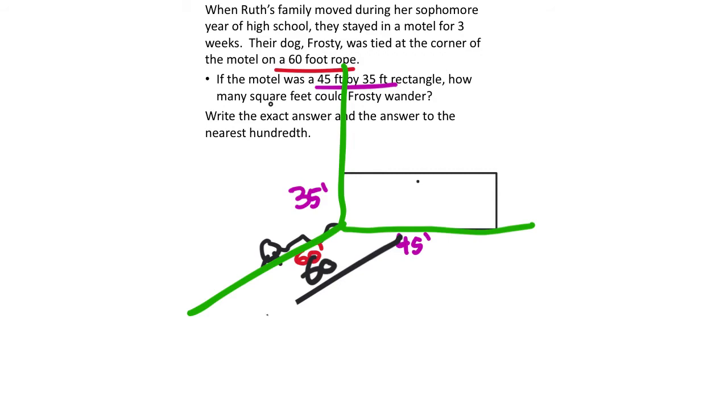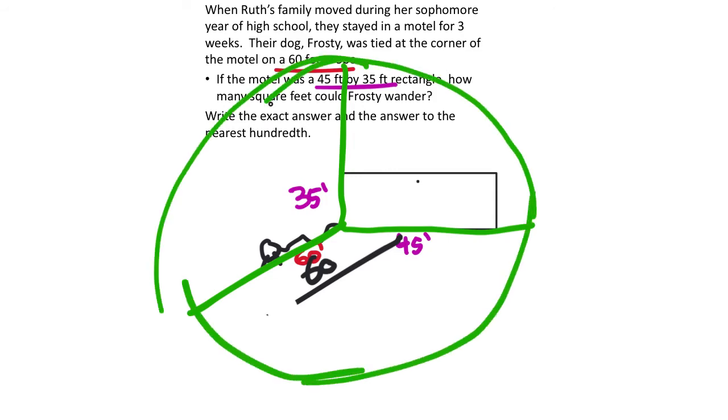Frosty could go in a full circle like this, still pretending I'm drawing real well. The problem is you've got the hotel in the way. So in actuality, once he gets to this point right here, he's kind of just looking at this circle thing right here.